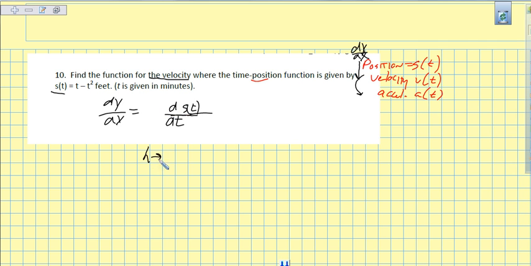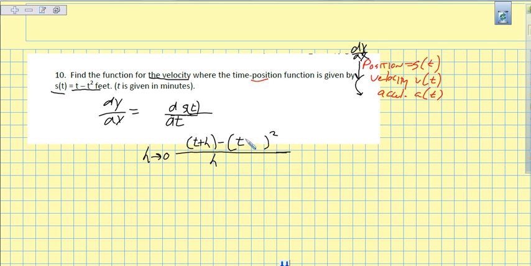So let's take a look at it. It's the limit as h approaches 0 of, what? We have our first function is going to be t plus h, so we have t plus h minus t squared.